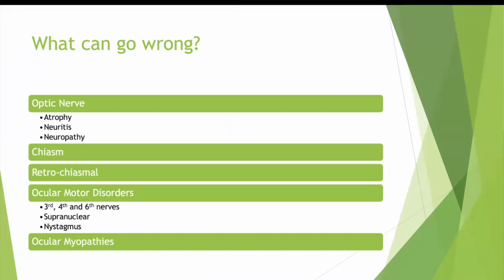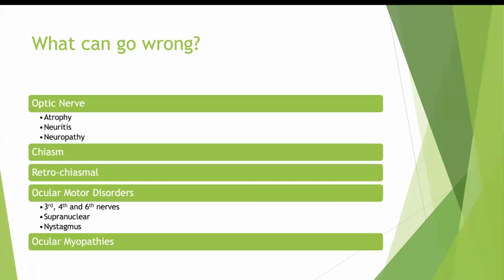And then you also have motor disorders, so either problems with the third, fourth, and sixth nerves themselves, or potentially supranuclear disorders, maybe some sort of gaze palsy, skew deviations, nystagmus as well, both physiological infantile nystagmus and then acquired nystagmus, and then ocular myopathies, things like myasthenia gravis, myotonic dystrophies. So there's all sorts of things that can go wrong, and there's also some miscellaneous disorders as well.